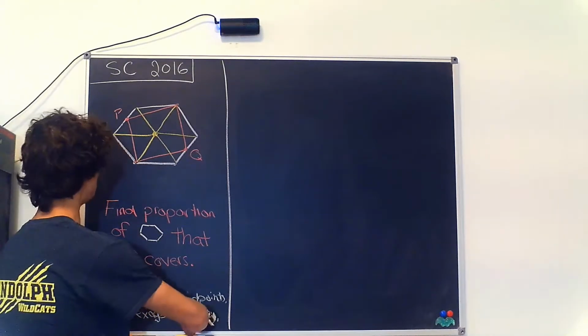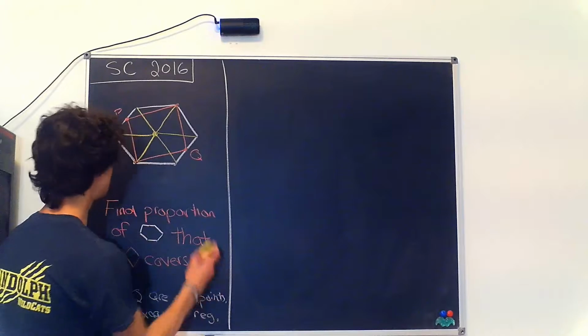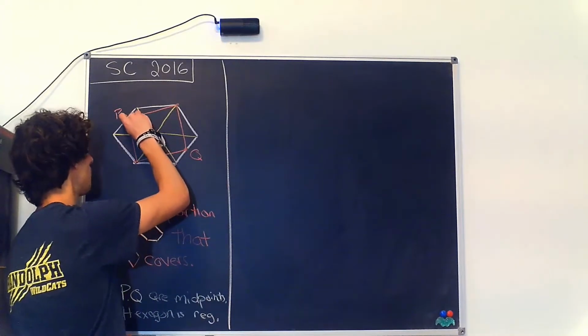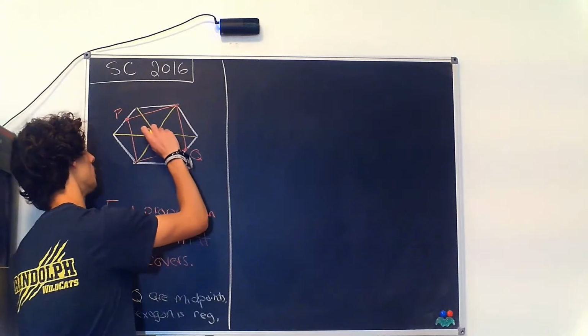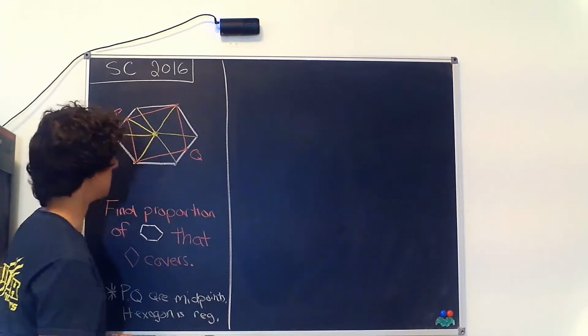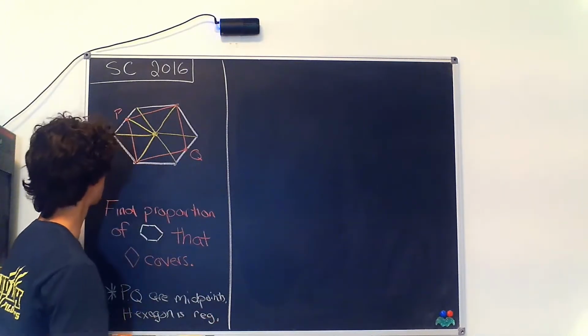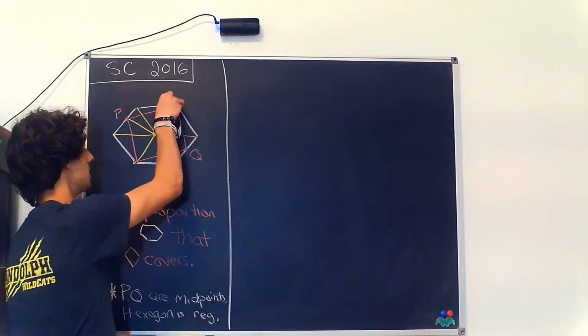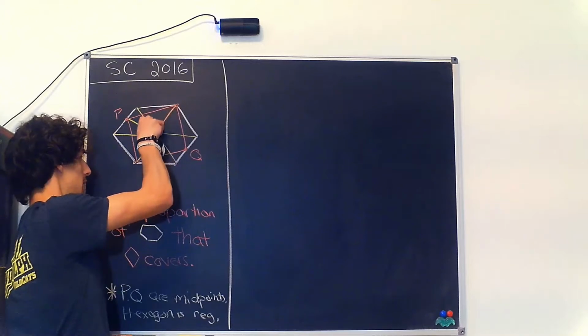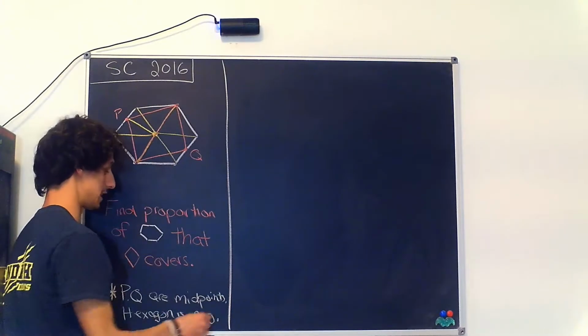But now notice, if we find the height of one of these triangles that goes from this dot to either P or Q, that's going to be perpendicular to the side of the hexagon, but it's also going to be perpendicular to this big bisection of the hexagon that we have right here, this long bisection right there.